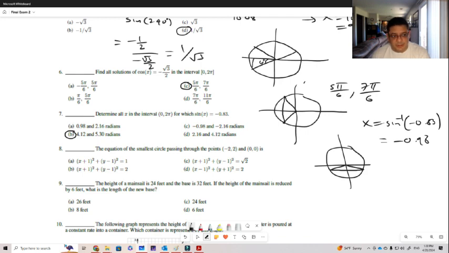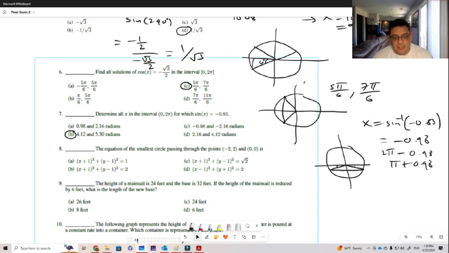And when you obtain this, what you gotta do is add 2 pi minus 0.98, because this is giving you the acute angle, and then you're gonna get this value here, which is the 5.30. And after that you can just take pi plus 0.98, and that's what's gonna give you this value here, the 4.12. And those are the two things that you can do for approaching this type of question.